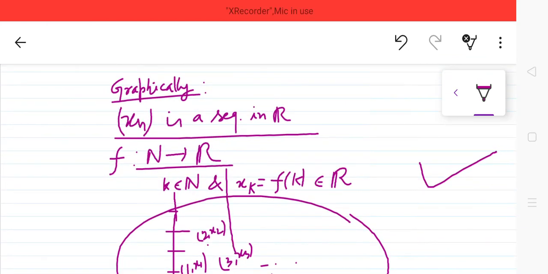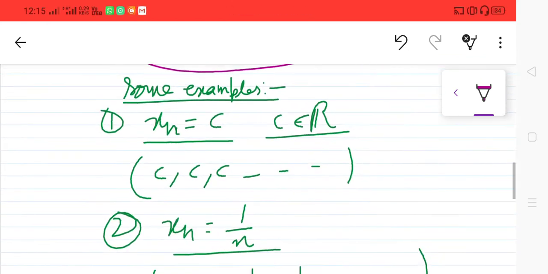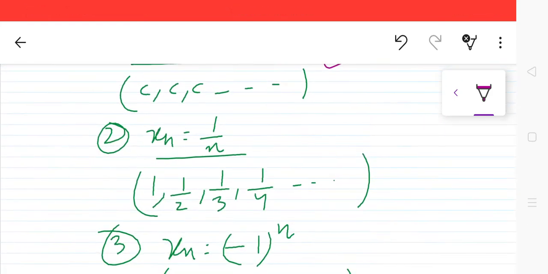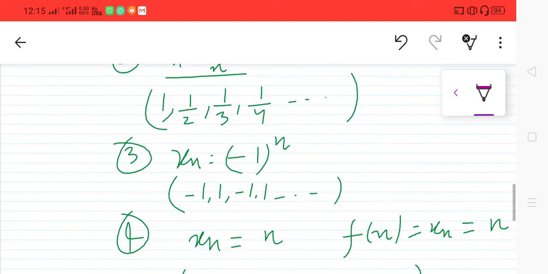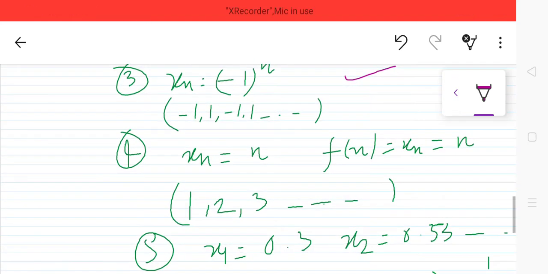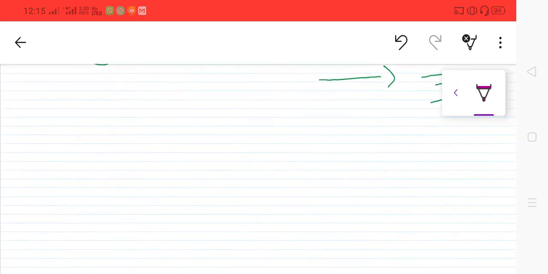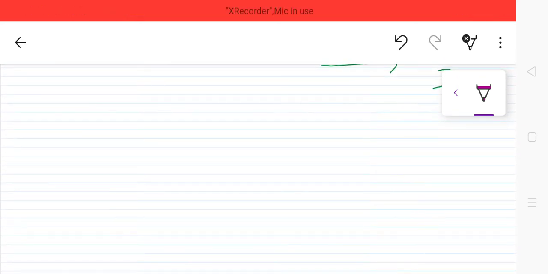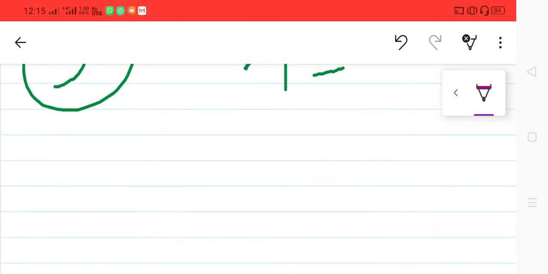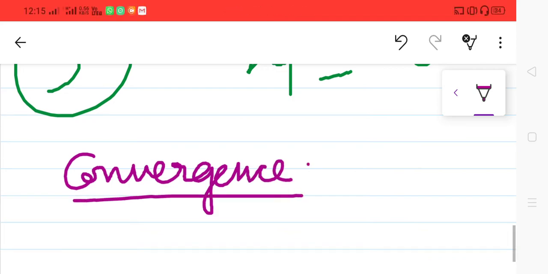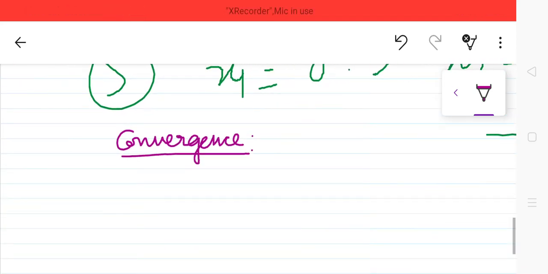Graphically we have seen how to plot this sequence, and we have seen these examples, where they go. Now we discuss convergence.